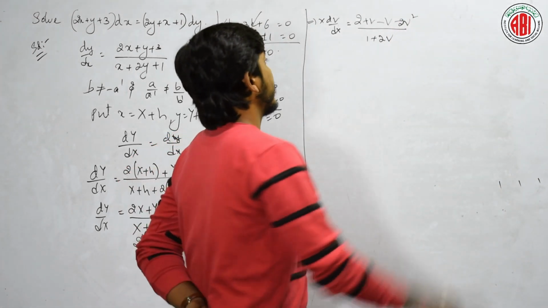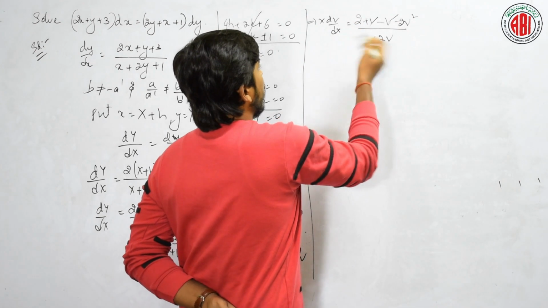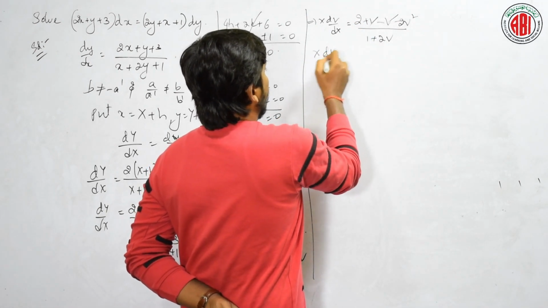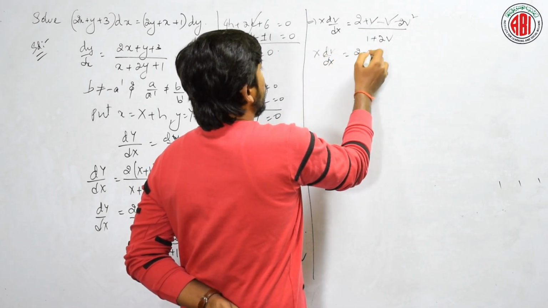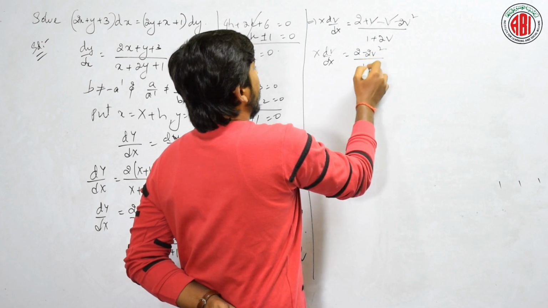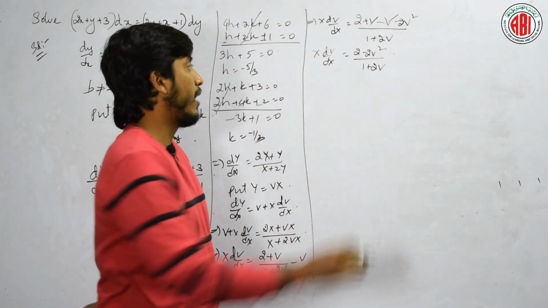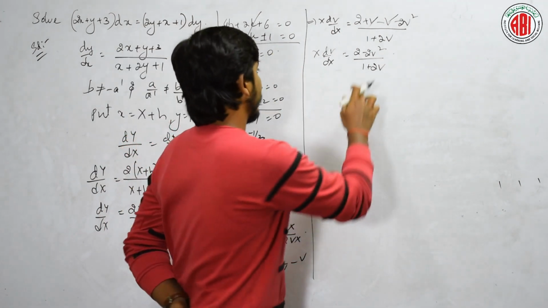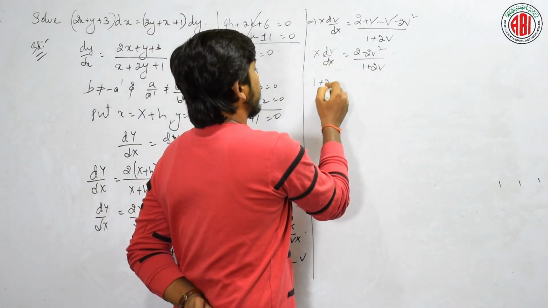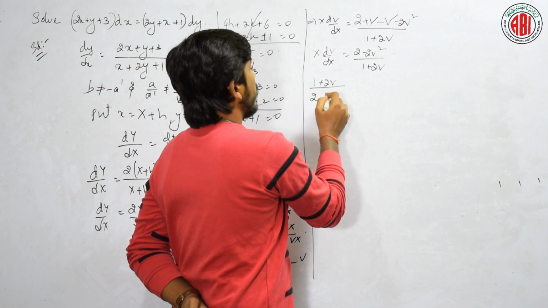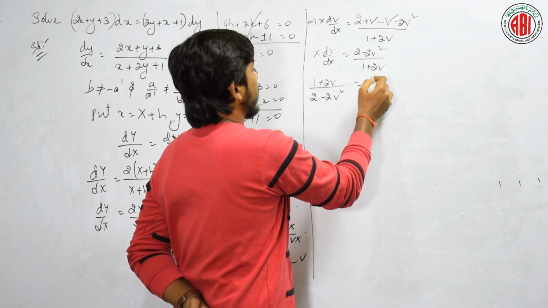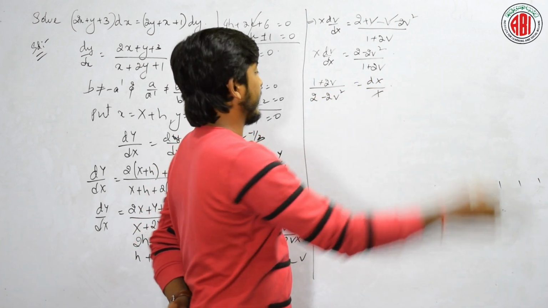Clear? So let us subtract these both. I will be left with (2 minus 2v square) by (1 plus 2v). Okay. Now cross multiply: (1 plus 2v) by (2 minus 2v square) dv is equal to dx by x.